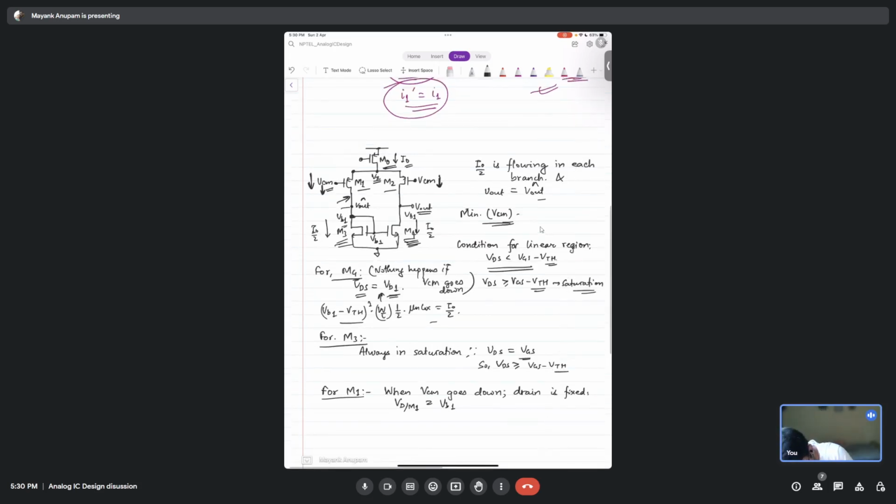If VCM goes down or goes up, will that change the value of current which is flowing in these two transistors? Small increment current will change. No, assume there is no output resistance here. M0 has infinite output resistance. Assume that.